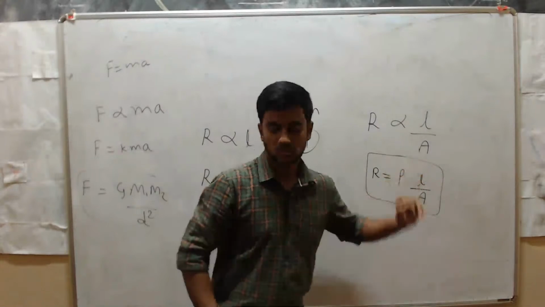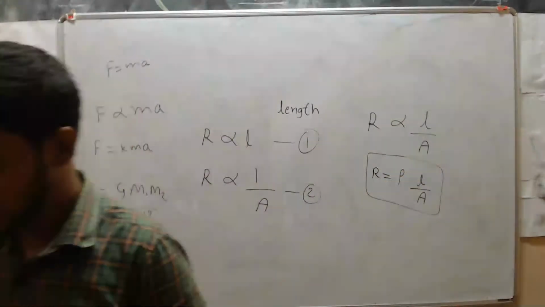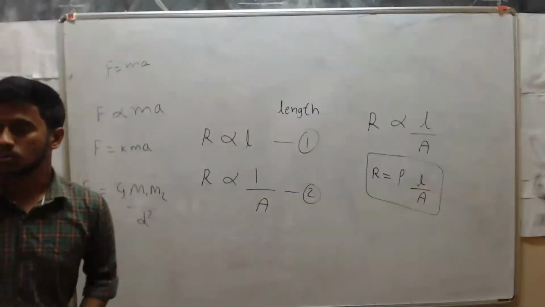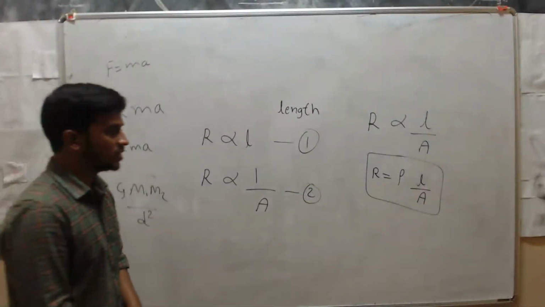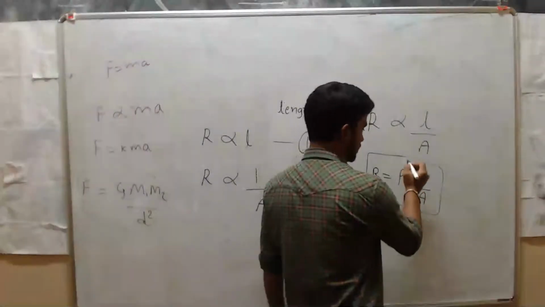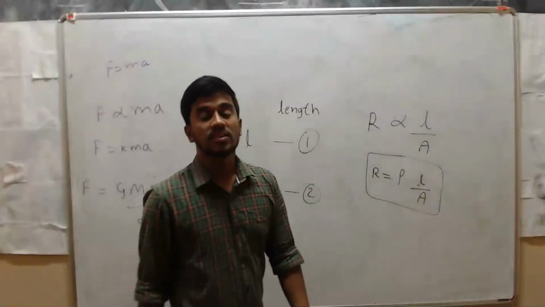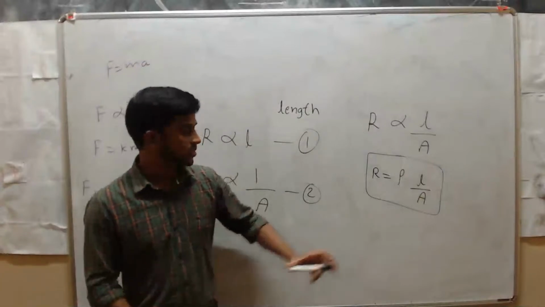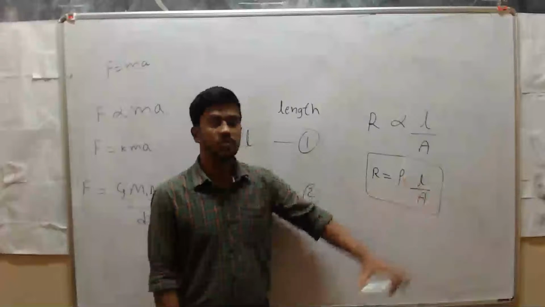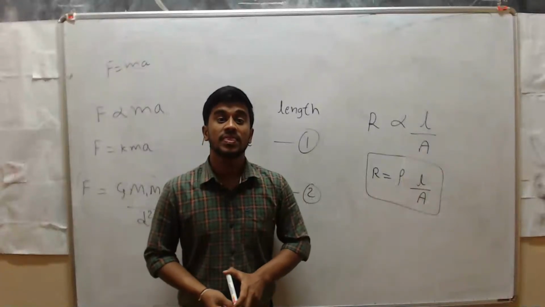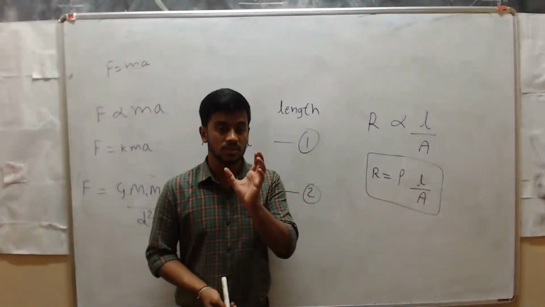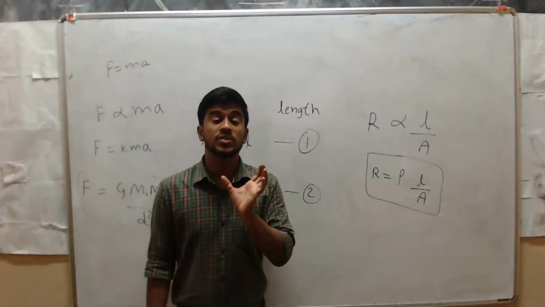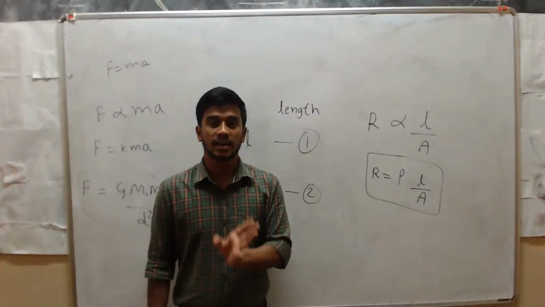So also here, to remove the proportional symbol, we have introduced one symbol, and the name of that symbol is rho. That rho is called the constant of proportionality, which represents the specific resistance of the conductor. Listen carefully to that word: rho indicates the specific resistance of the conductor.